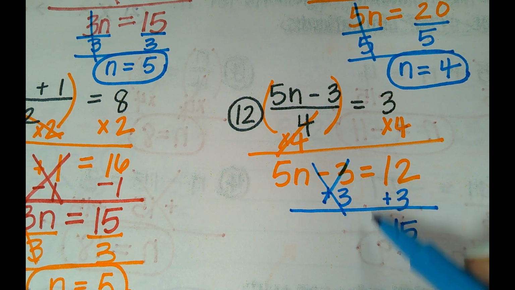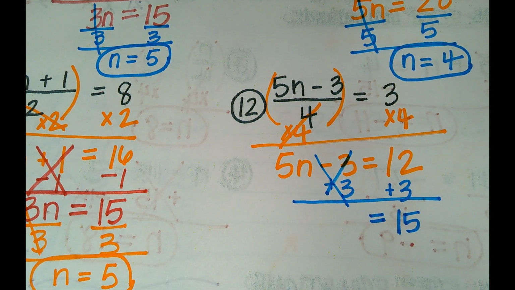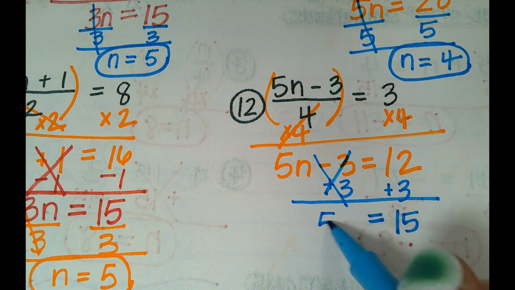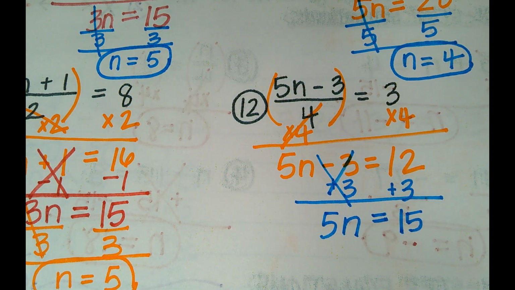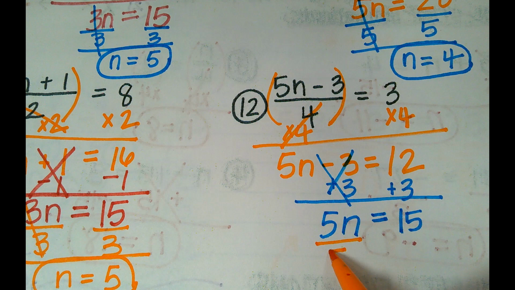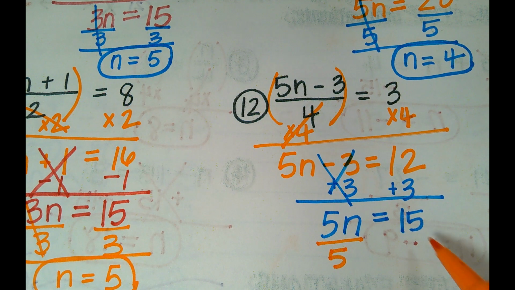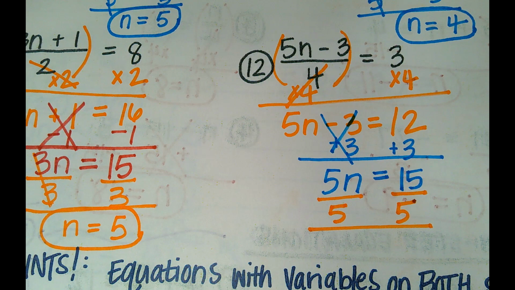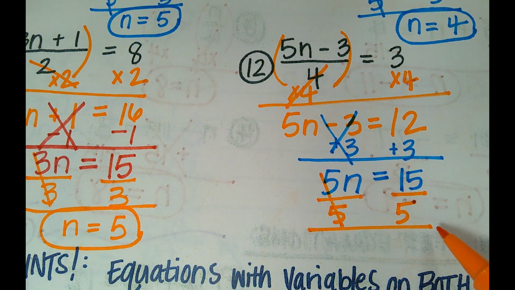Yeah. Okay. Then we're going to go back and bring down the 5 in. You're going to divide. 5 and 5. 15, 5. 5 into 15, 5, 10, 15.